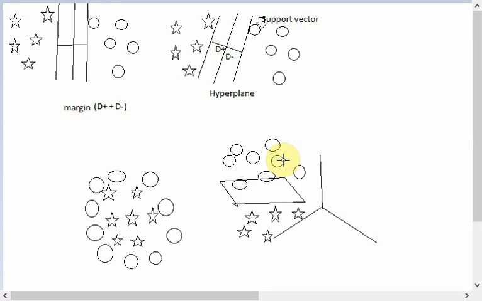But at the same time, we should remember that the number of principal components we use should be less than, or at most equal to, the number of attributes. It should not be more than that. If it is more, it will lead to confusion, and it may give you the wrong result.